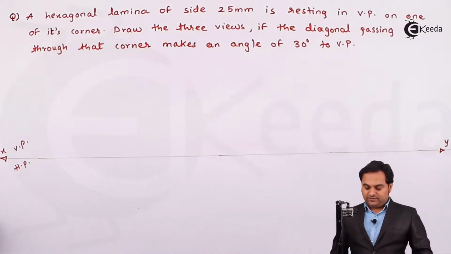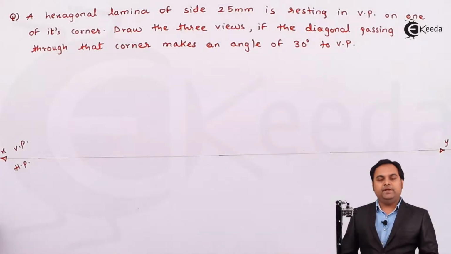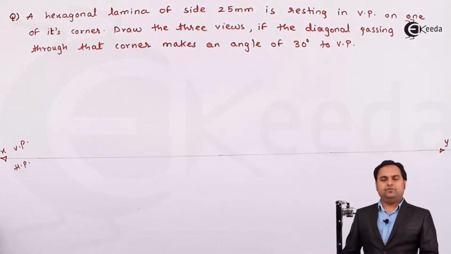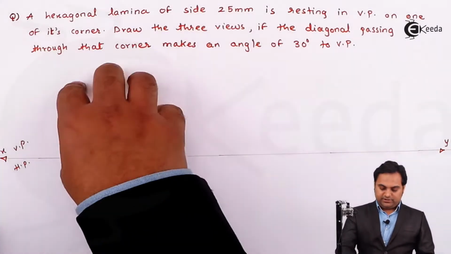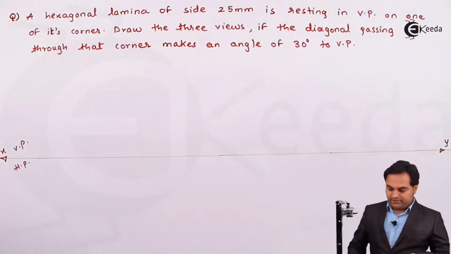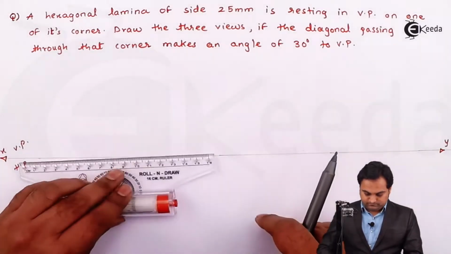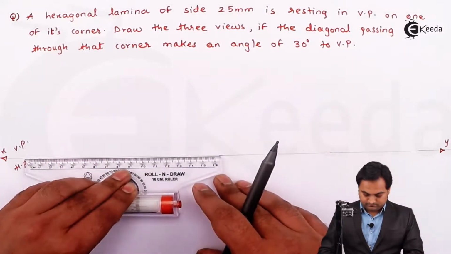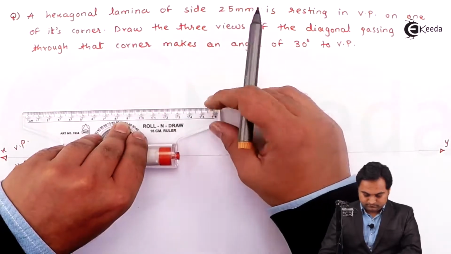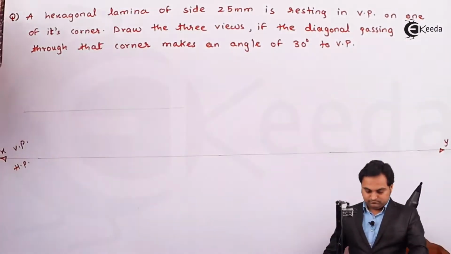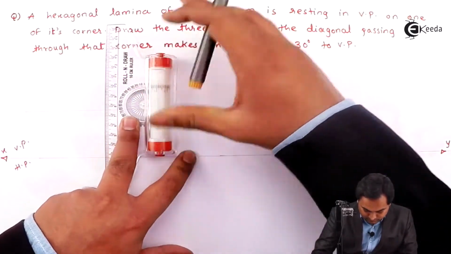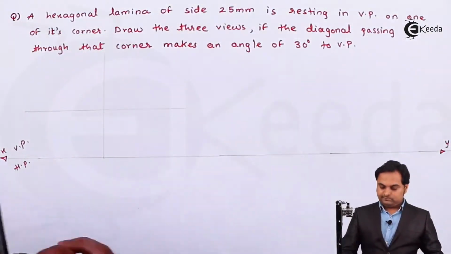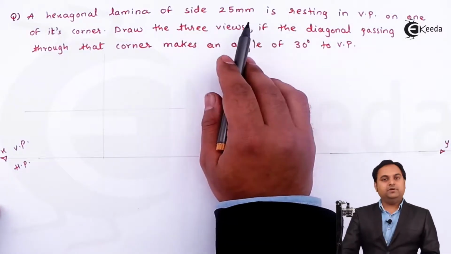Here it is given the hexagonal lamina is resting in VP on one of its corners. So if it is resting on one of its corners, it means the entire hexagon is in VP. So I'll draw that. It is of side 25 mm.